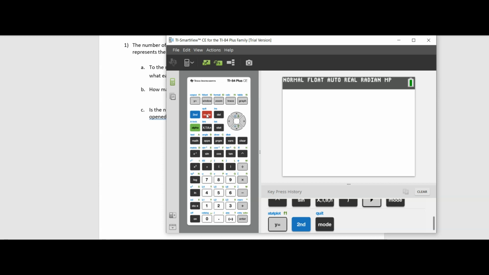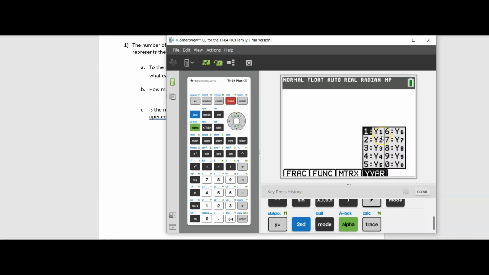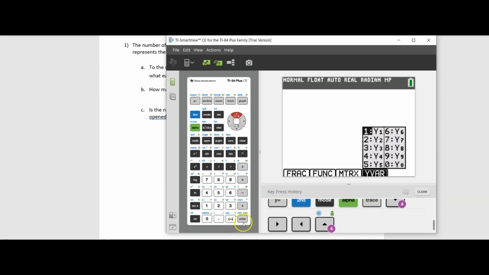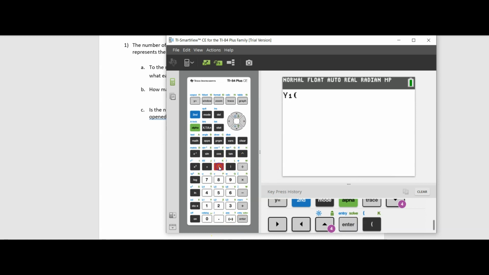So one way you can do that rather than having to retype the function every single time is once you type it into y1, you can go to alpha, trace, and you can go down to whatever option your function was in. Ours was in y1, so we'll press enter for y1. And then in parentheses, put the value that you want to evaluate the function at. So y1 of 1/2. We punch that in, and we get the value of f of 1/2.